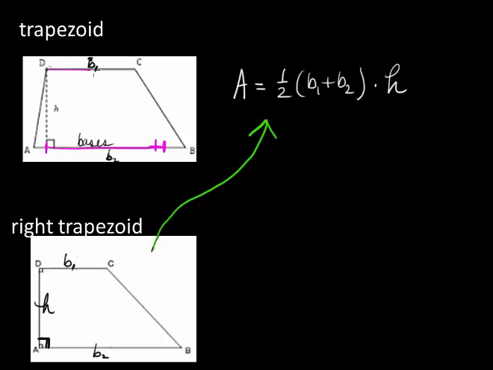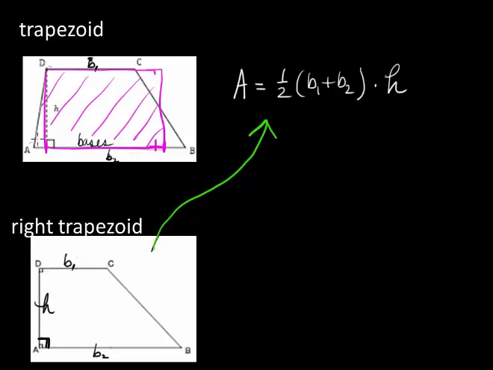And come up here and draw that same length, and look at this rectangle. If the length of that rectangle is the average of the two bases, then 1/2 the sum of the bases times the height is just the area of that purple rectangle.